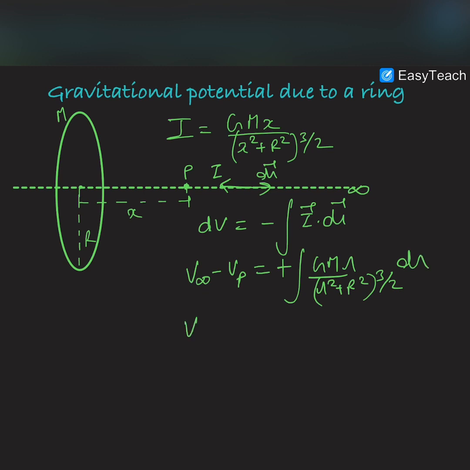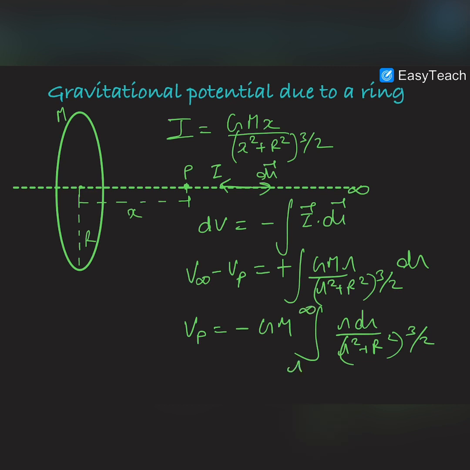Okay, so Vp will be equal to minus GM integration, r dr upon (r square plus capital R square) to the power 3 by 2, and the limit would be from r to infinity.